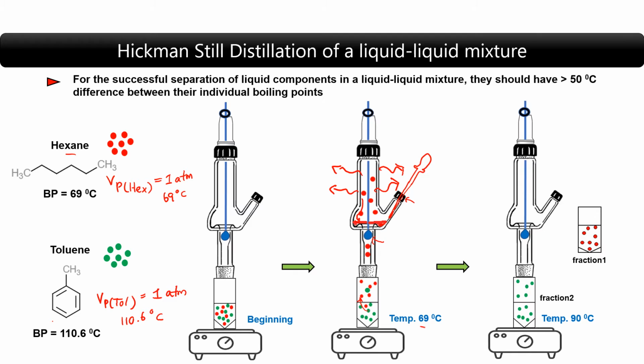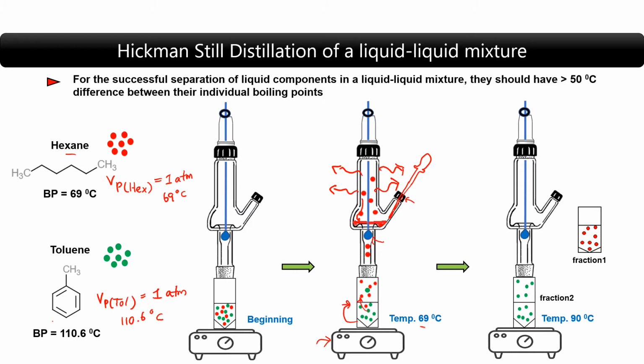Once we continue to supply heat, and the temperature goes above 69 Celsius, all of the hexane in this mixture is boiled and removed from this mixture.